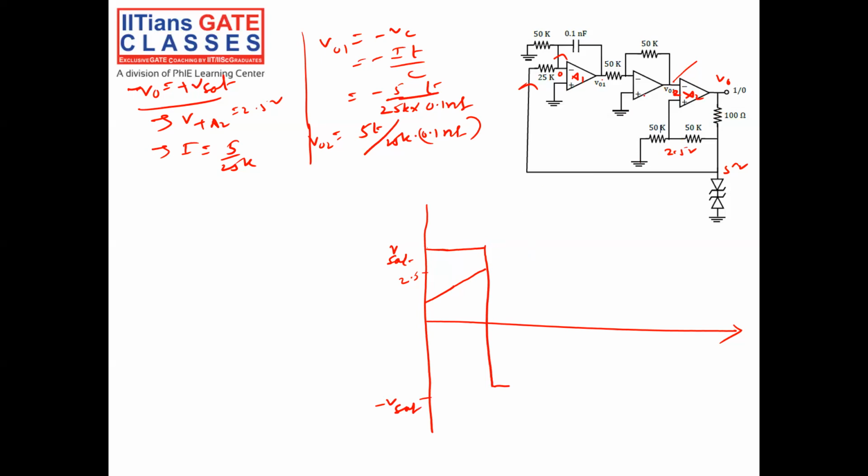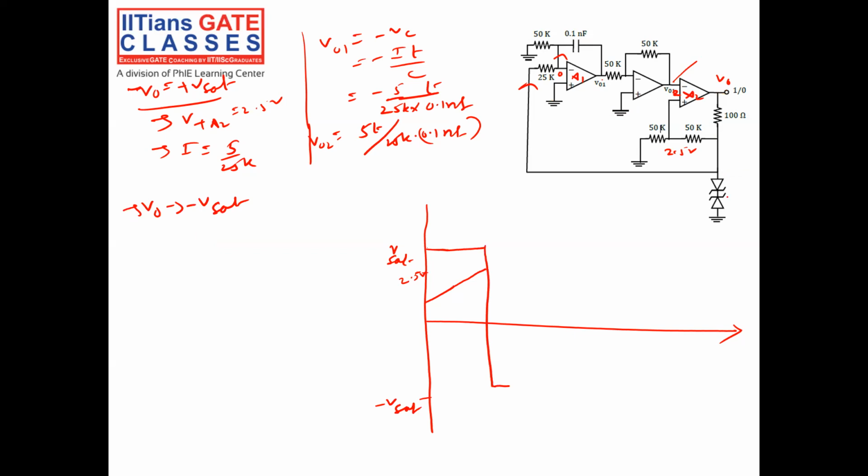Now V0 becomes minus V set. When did it happen? When my V02 just crosses 2.5 volt. Now what will happen here?